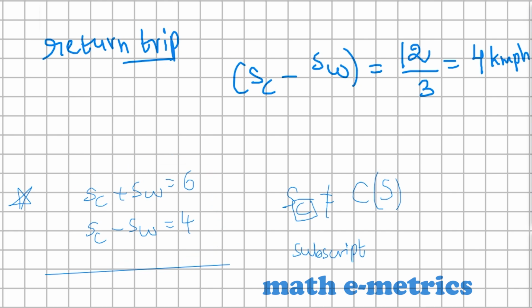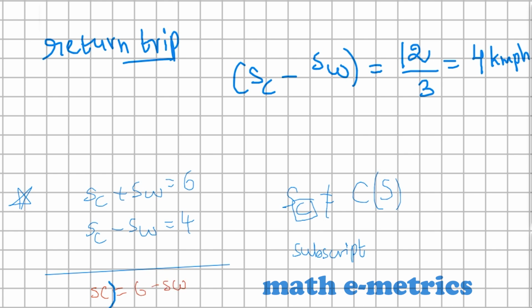Which one would you like to use? We can just use substitution here. Which one do you want to find? Let's find the speed of the canoeist first. So you'd have SC equals 6 minus SW.